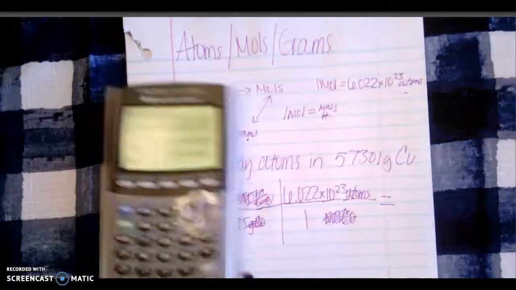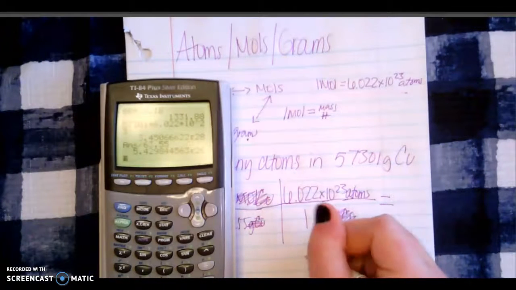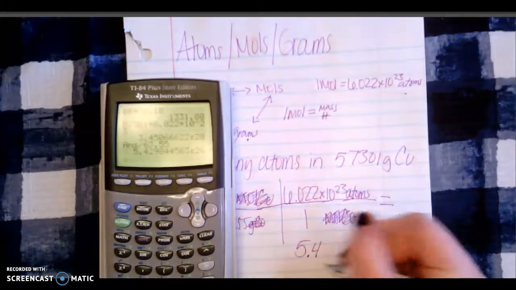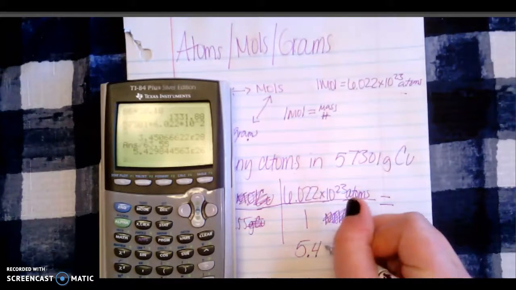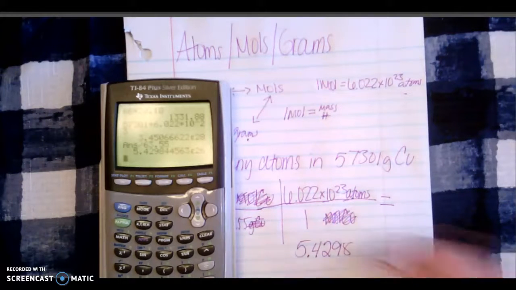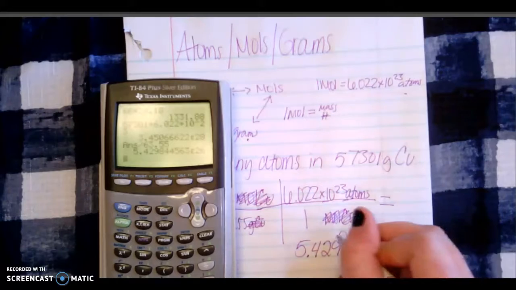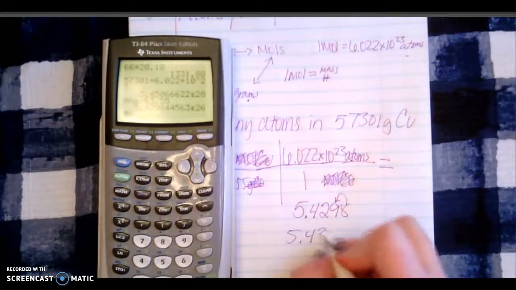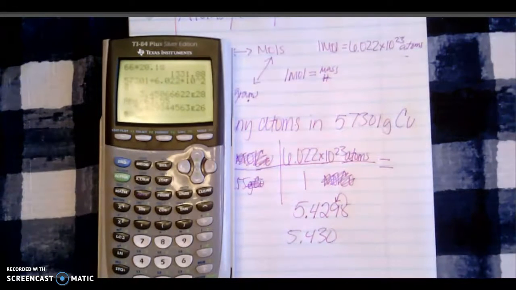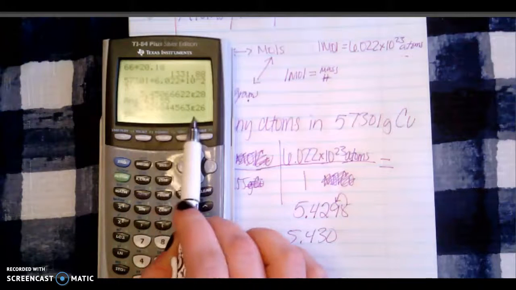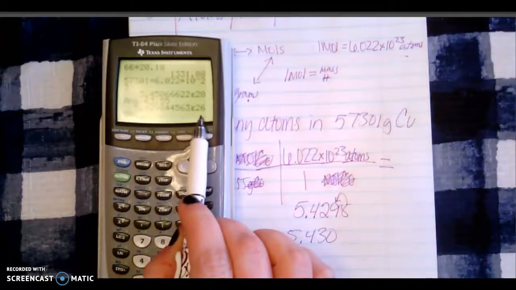Let's look at what this number is. We've got 5.429, but we only want 4 digits, and this is too many. So this is going to round up, and because it's a 9, that means that we've got 5.430. Now, at the end, it says E26.